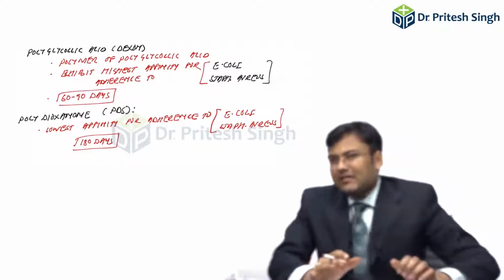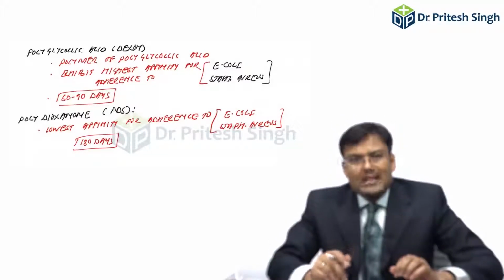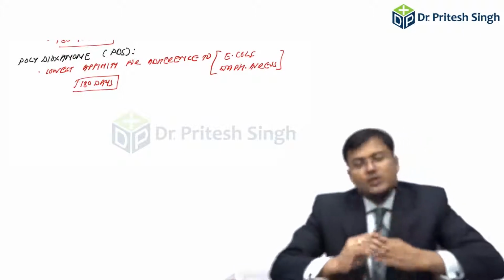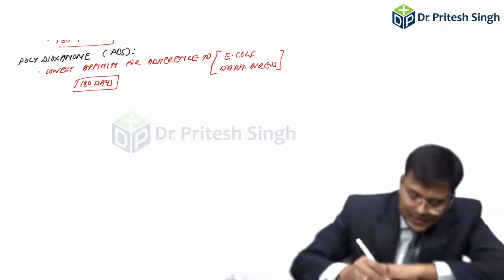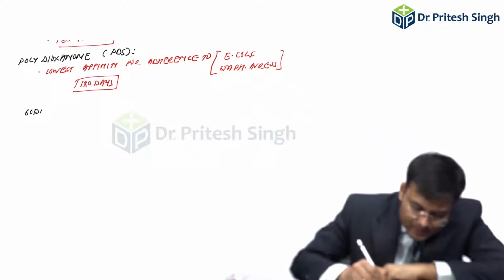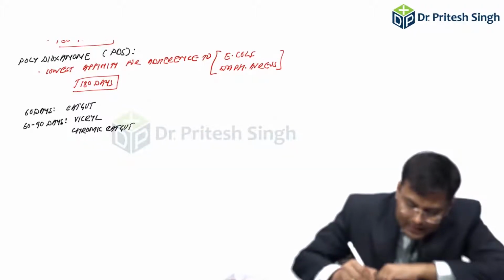Depending upon the number of days, lots of questions are asked about which suture is absorbed in how many days. Can you see? In 60 days, catgut. In 60 to 90 days, Vicryl, chromic catgut, and Dexon.